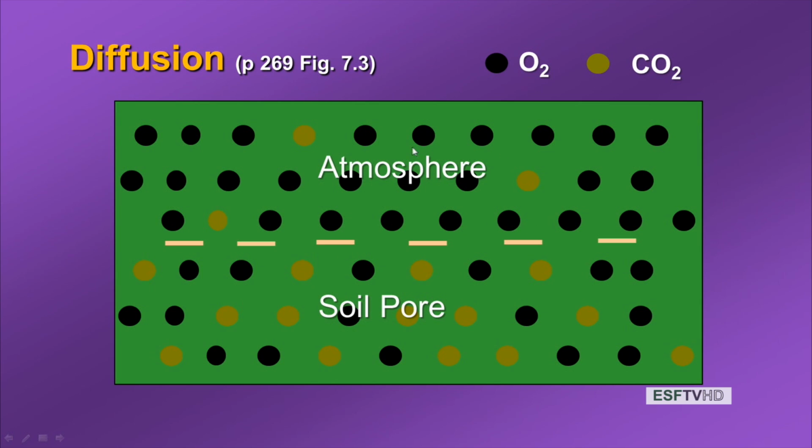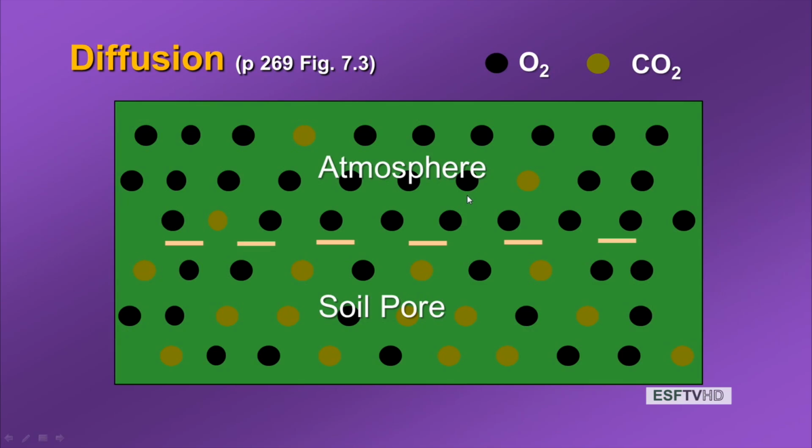So this shows a large number of O2 atoms, okay, gas molecules, and these are a fairly high concentration in the atmosphere, and that would be 21%. And this illustrates CO2 partial pressure. This illustrates the number of molecules of CO2 in this relative picture. So there are a few CO2s and many O2s. We look down the soil, and there are many more CO2s and many fewer O2s.